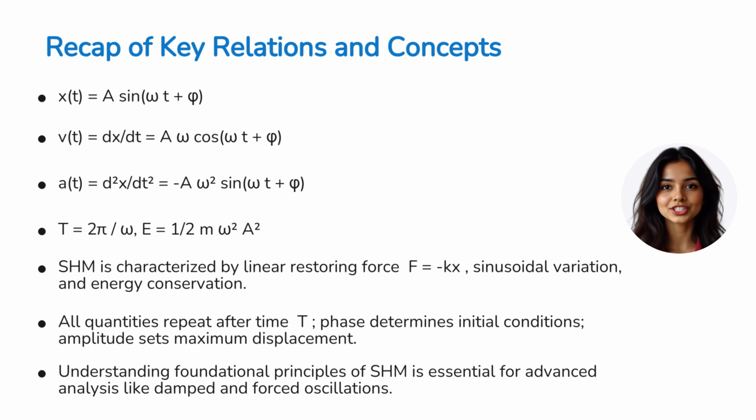Then acceleration a(t) is the second derivative, given by negative A times omega squared times sine of omega t plus phi, showing it always points back toward equilibrium. The time period T, or the time taken for a complete oscillation, equals 2 times pi divided by omega. Total mechanical energy E in SHM is 1/2 m times omega squared times A squared, which remains constant.